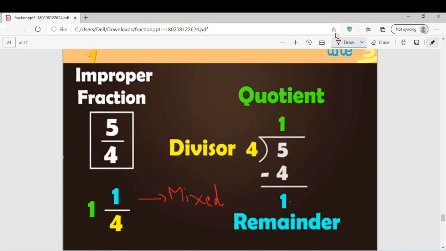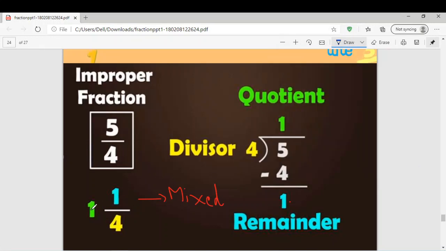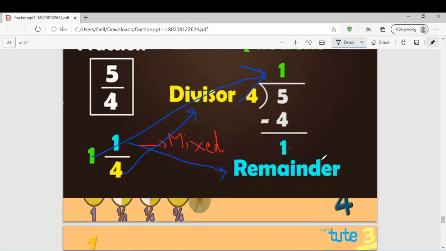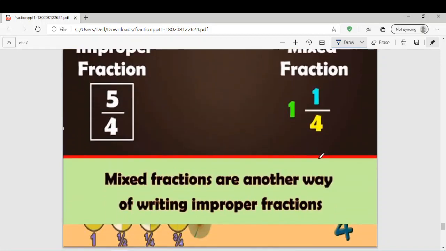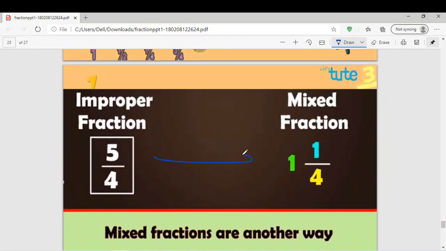It means the divisor is our denominator part, 1 is the quotient part, and this one is the remainder part. So we have to arrange it like this to convert an improper fraction into a mixed fraction.